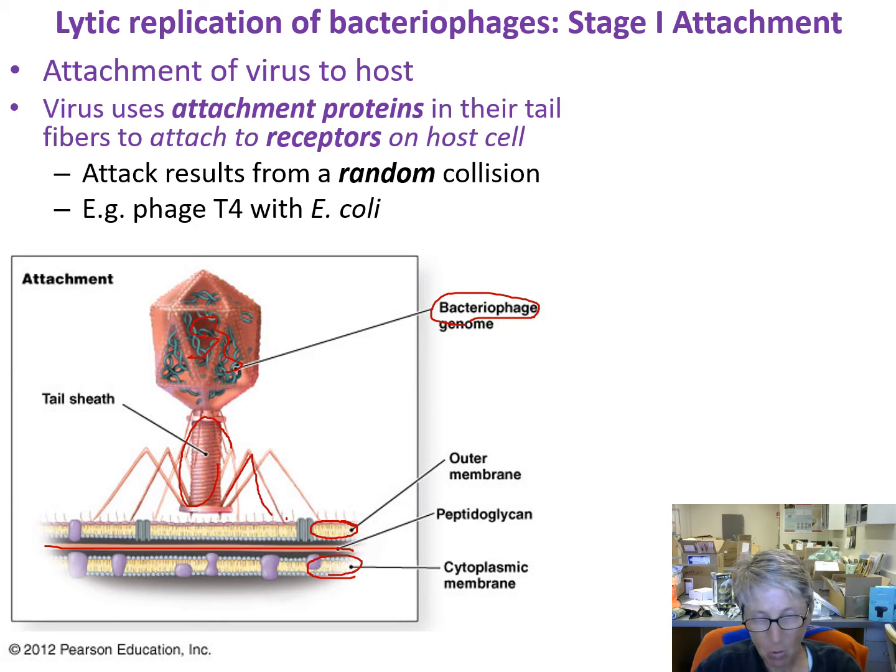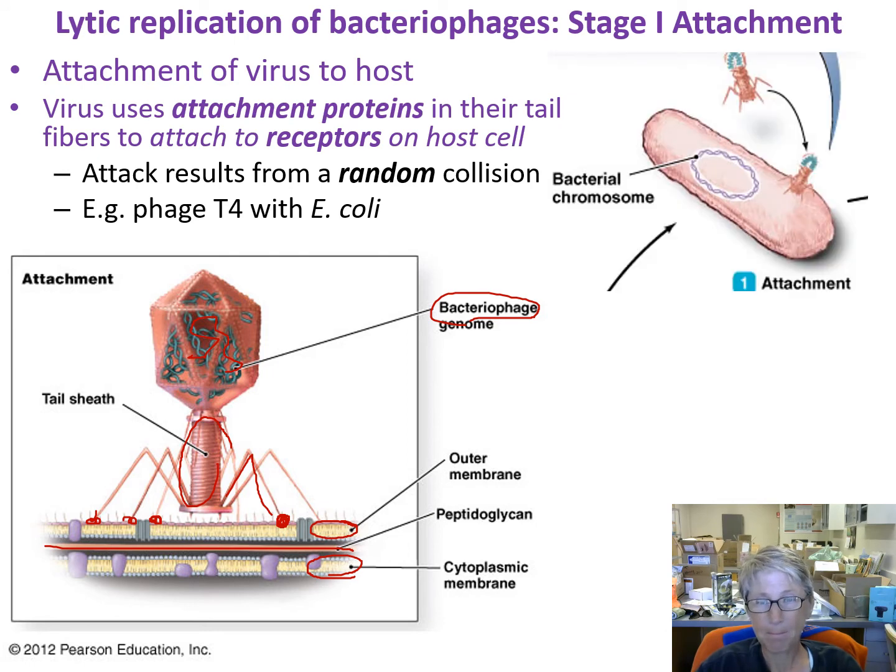Really it doesn't show it here, but these tail fibers of the bacteriophage are recognizing some proteins on the bacterial outer membrane, so that allows the bacteriophage to attack and attach. So there are attachment proteins on the tail of the virus, and there are receptors on the host cell outer membrane.